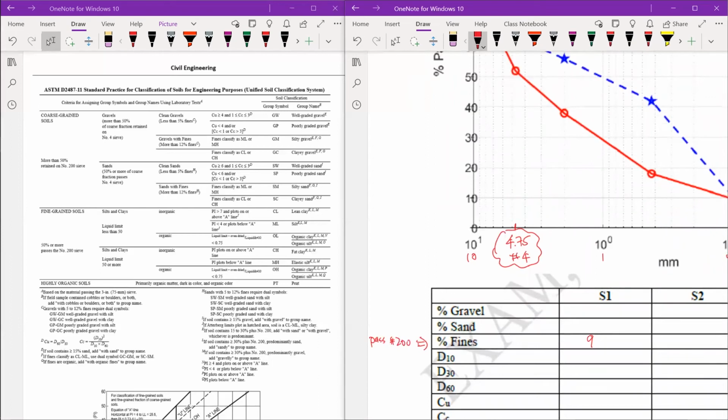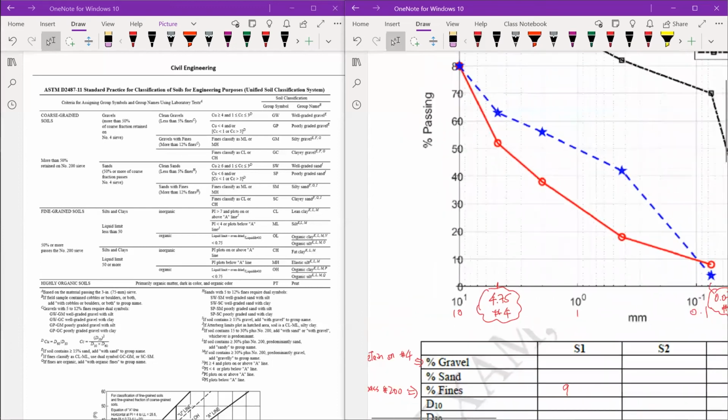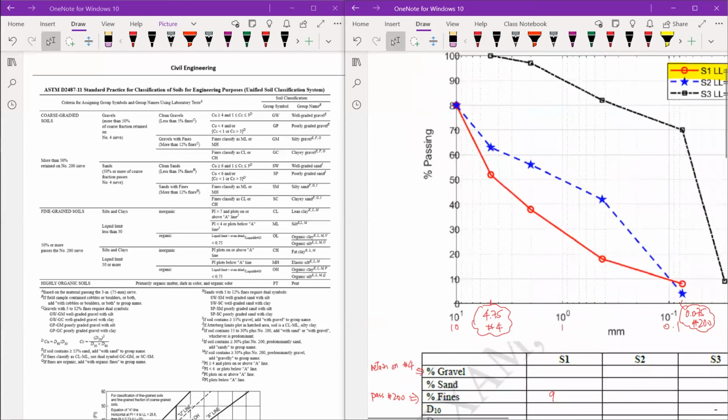After that, we can look at the gravels. Gravel is retained on number 4, so that gives you the percent gravel. If we read this graph, for example, the percent passing number 4 is about 52%, and percent retained equals 100% minus percent passing.